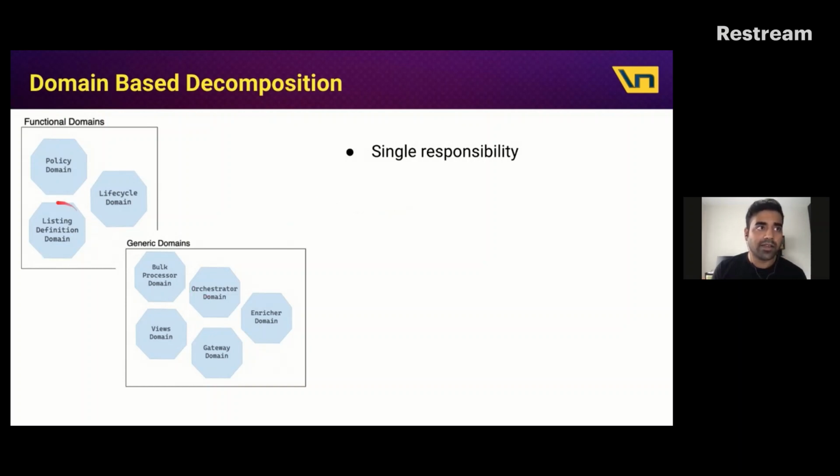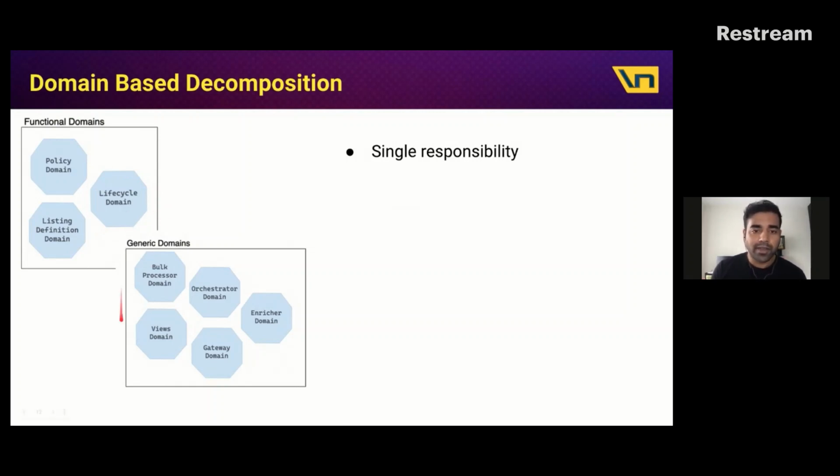We have a listing definition domain, which essentially talks about schema, and how to version and enforce those schemas. We extracted business policies into the policy domain. We extracted the life cycle of the listing entity into the life cycle domain, and so on.